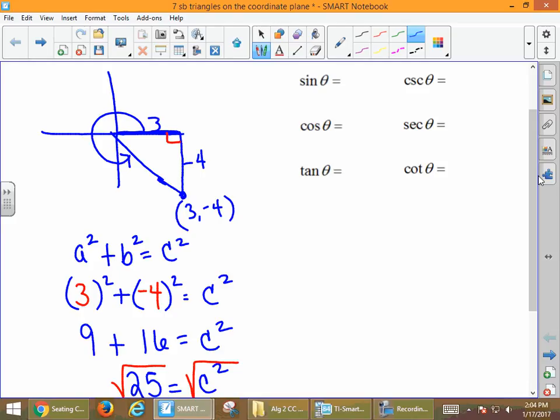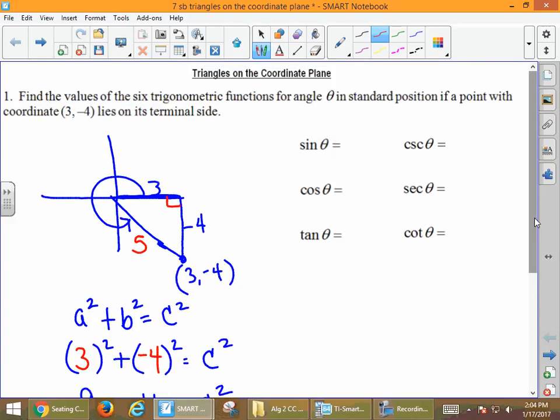So if we fill in now our hypotenuse of 5, I want to go back and refresh your memory on something else. Because not only are we talking about sine and cosine today, but we also see tangent as part of this. So back in geometry, we said that sine is opposite divided by hypotenuse.